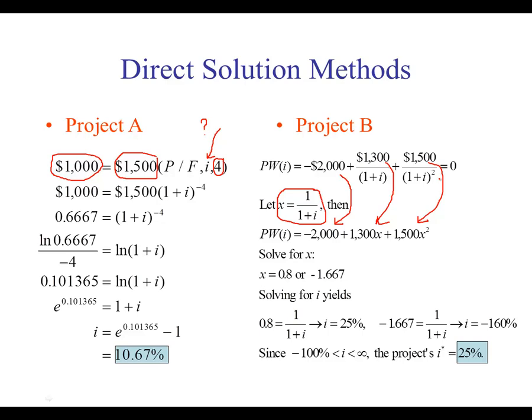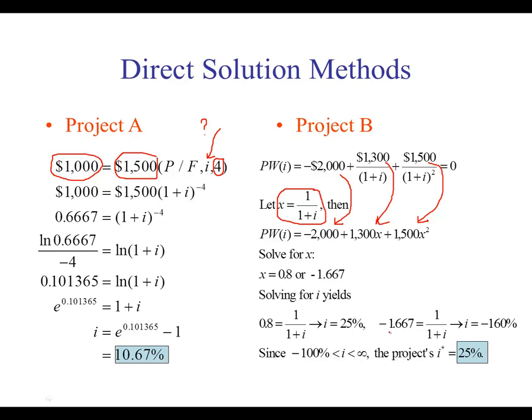Solving the quadratic equation, we will get X either equal to 0.8 or minus 1.667. Substituting X with 0.8, we will get I equal to 25%.